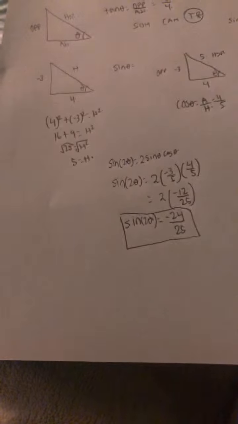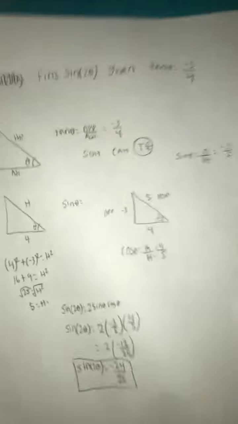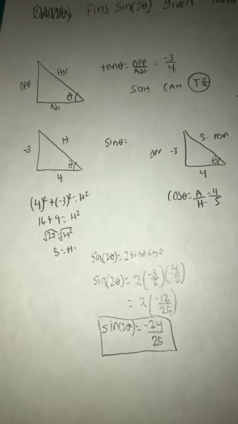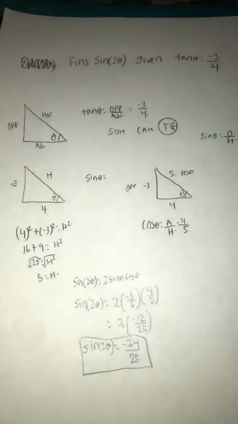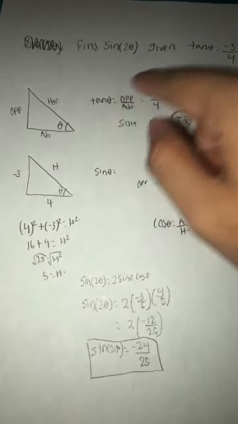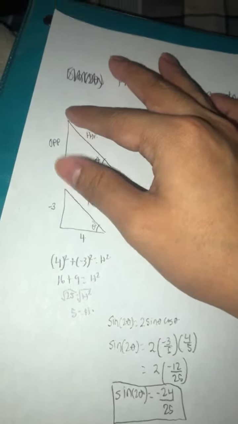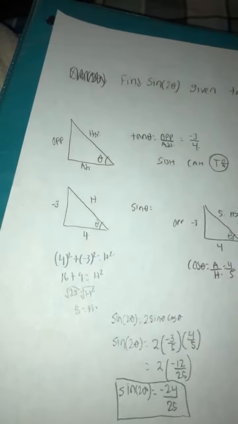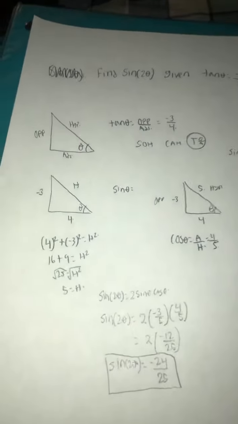This was the problem that I was looking at, and the first thing that I want to emphasize is that tan theta is opposite over adjacent, and this is the diagram showing the opposite side, the adjacent side, the hypotenuse, and so on.